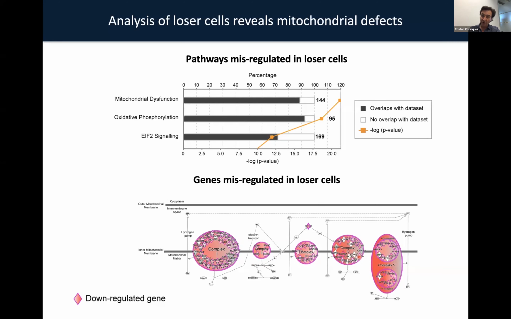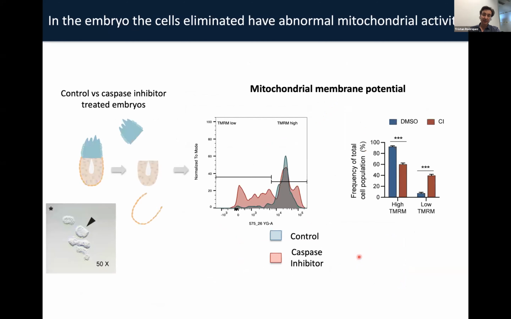To confirm this, Anna took embryos, cultured them in DMSO or in the presence of a caspase inhibitor, then dissociated single cells and analyzed their mitochondrial membrane potential. The mitochondrial membrane potential is a readout of mitochondrial fitness.